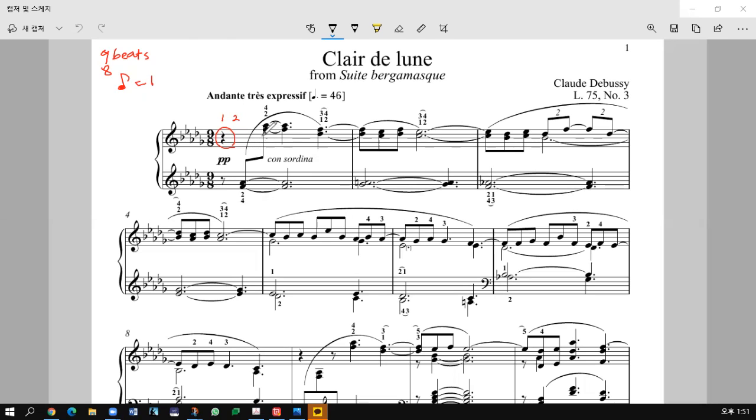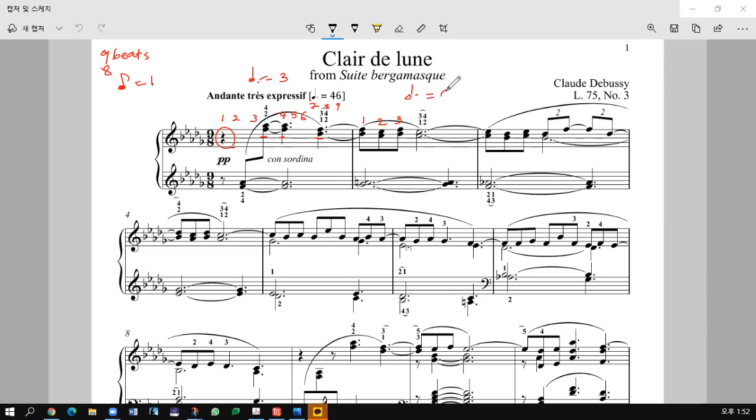Okay, and then this one is what? 3. And this one, 4, 5, 6. Why? Because one dotted quarter has how many eighth notes? 3. Here, 3, 7, 8, 9. Okay, 1, 2, 3. Okay, here, dotted half note. This is how to analyze the song.